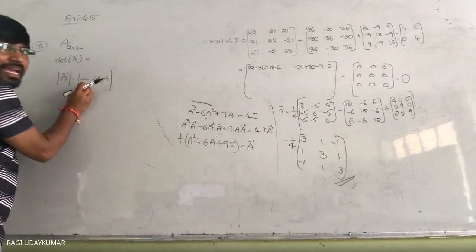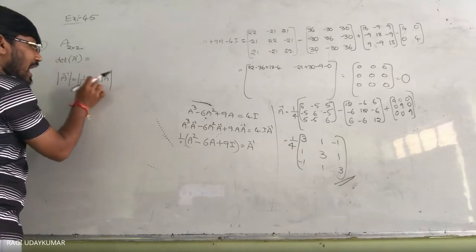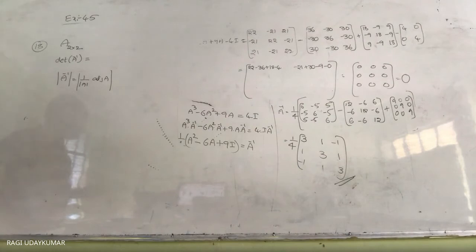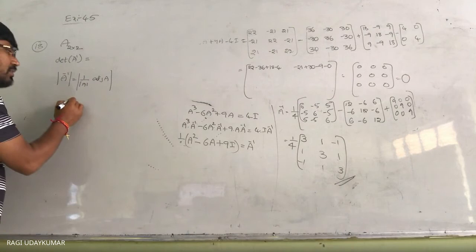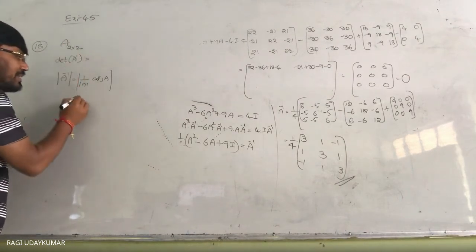This is a number, this is a matrix. So whenever you have a number and a matrix, what do you get for the determinant? Its square will come, because it is a 2 by 2 matrix.